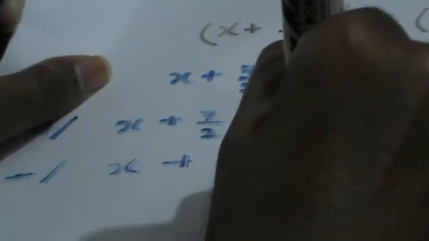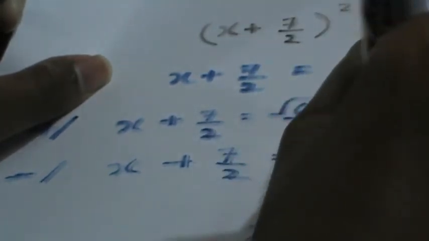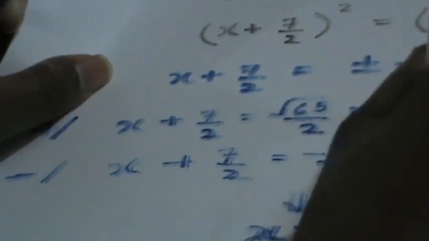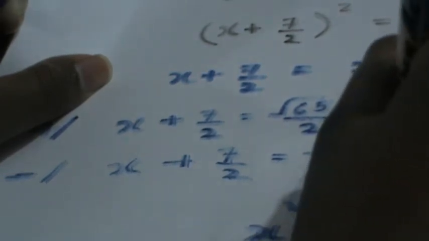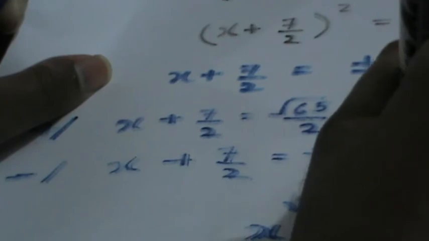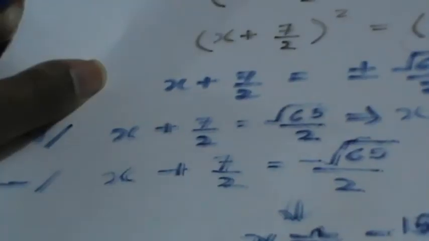So minus 8 minus 7 is minus 15. That will be approximately minus 15 by 2, or minus 7.5. And the other will be approximately equal to half, or 0.5. Alright, so those are two examples of completing the square.